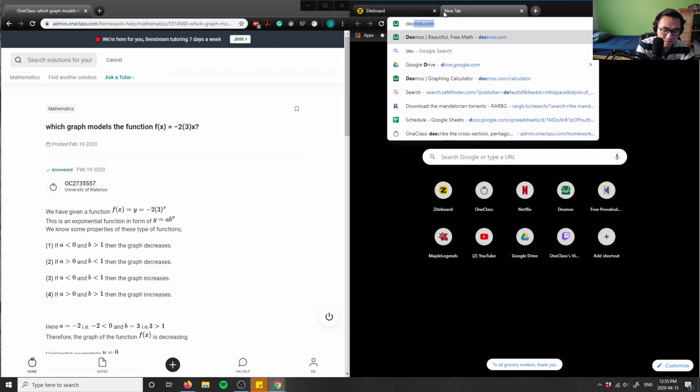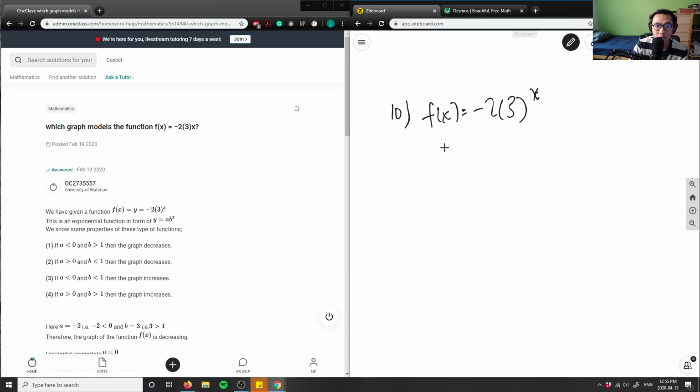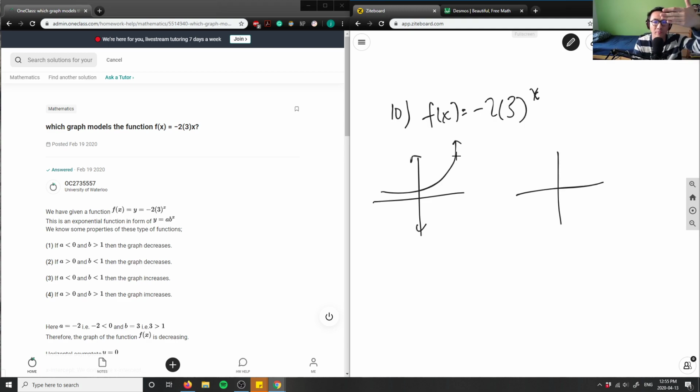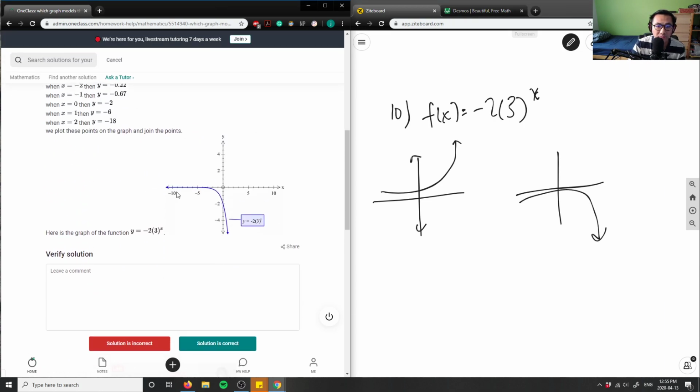Let me open up Desmos for you. An exponential function looks something like this. And basically this function here is reflected along the y-axis, so it's going up and down. It looks something like this.